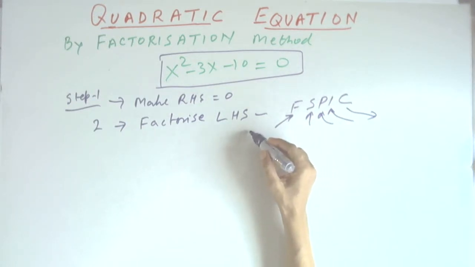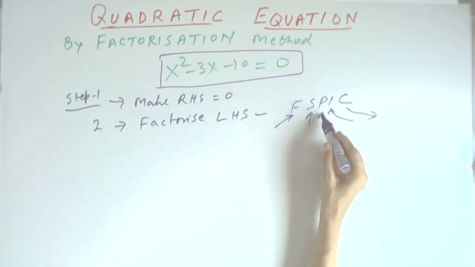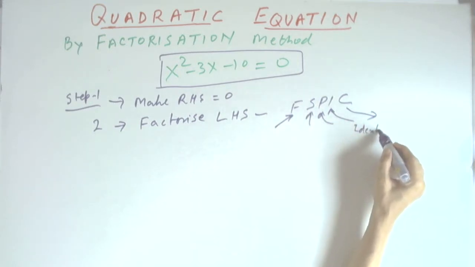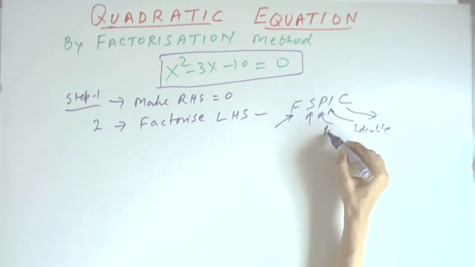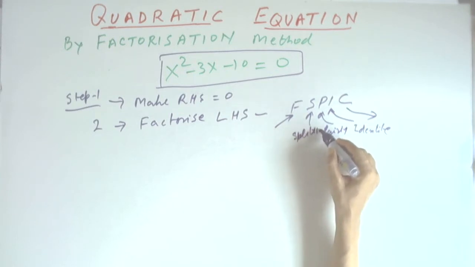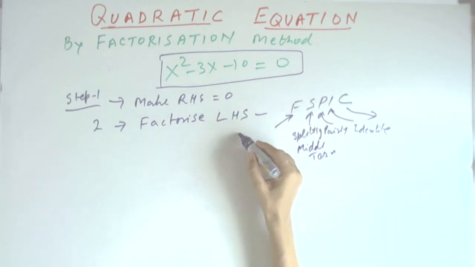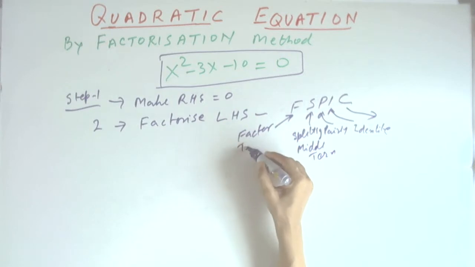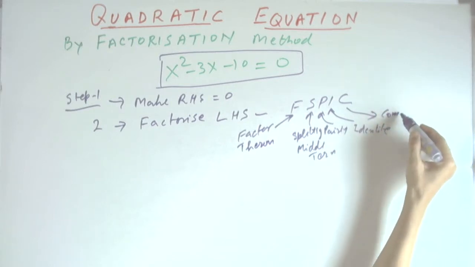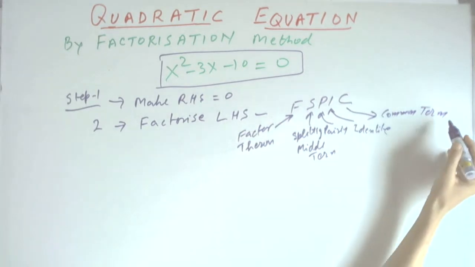So F is for using the factor theorem, and C is for splitting the middle term, P is for pairing, I for applying identities, this is pairing, this is splitting middle term, this is by factor theorem, and this is for taking out the common terms.